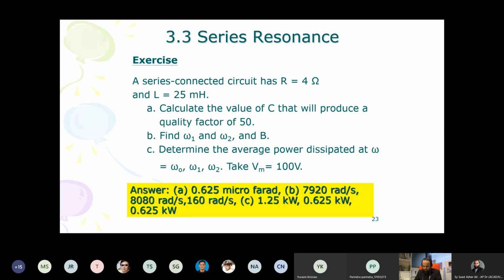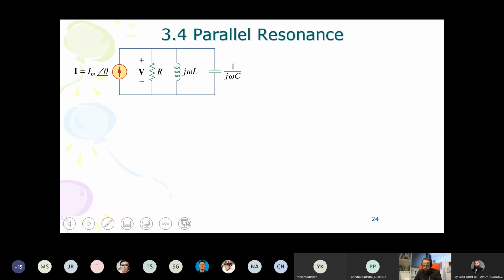This is the tutorial question. Okay, this is parallel resonance. The last one was series. Parallel RLC circuit is actually the dual of series RLC circuit, so we can use duality. In the previous one we used impedance; this one we can use admittance.